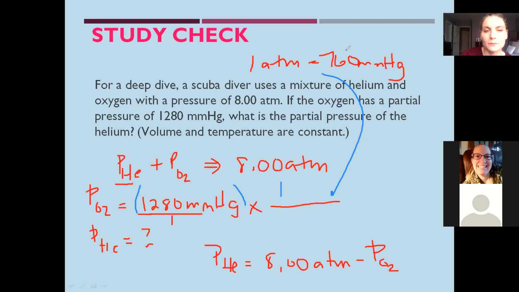Yep, ATM will go on the top. Millimeters of mercury on the bottom. Very good. So the millimeters of mercury cancel each other out. And now we can divide 1280 divided by 760. And what number do we get if we do that? 1280 divided by 760.